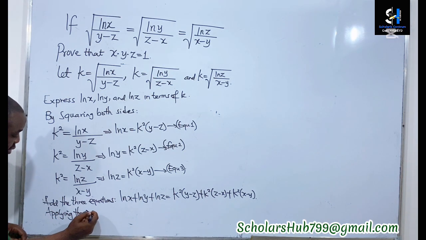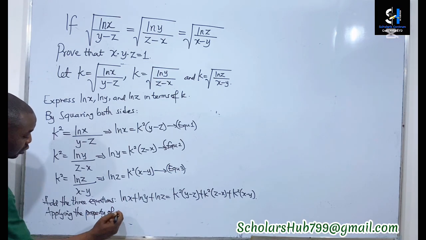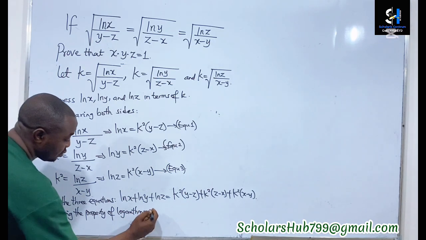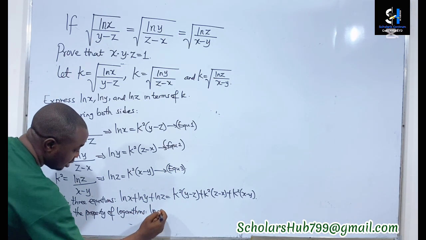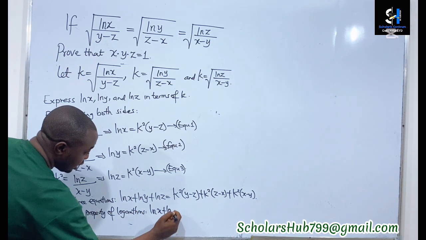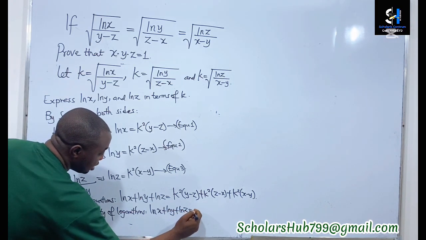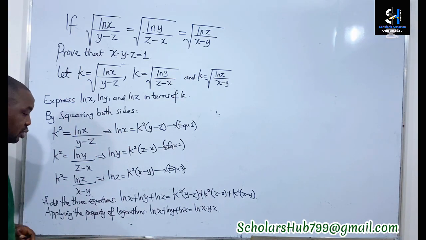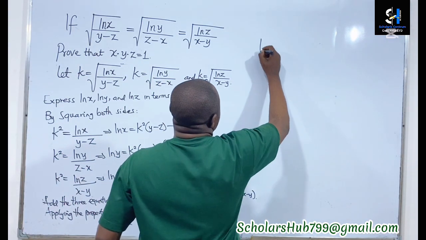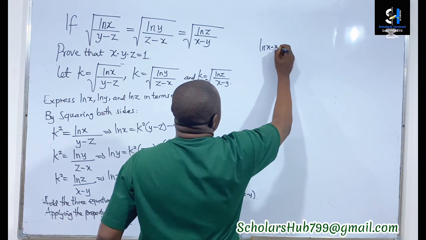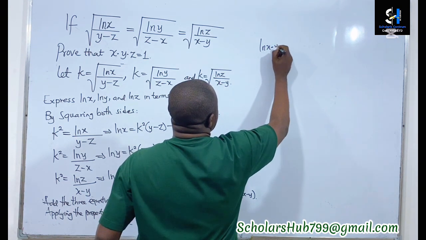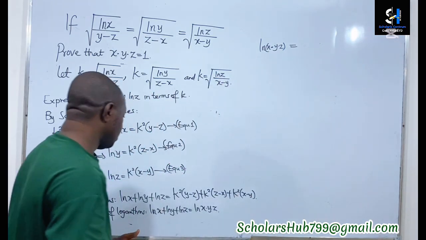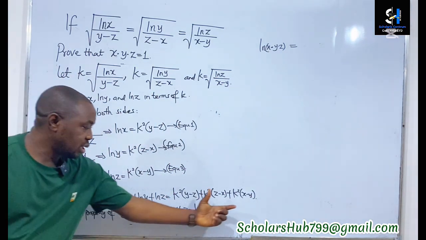Applying the properties of logarithms, ln x plus ln y plus ln z equals ln of the product of x, y, z. So the left hand side will be ln xyz, equals the right hand side.